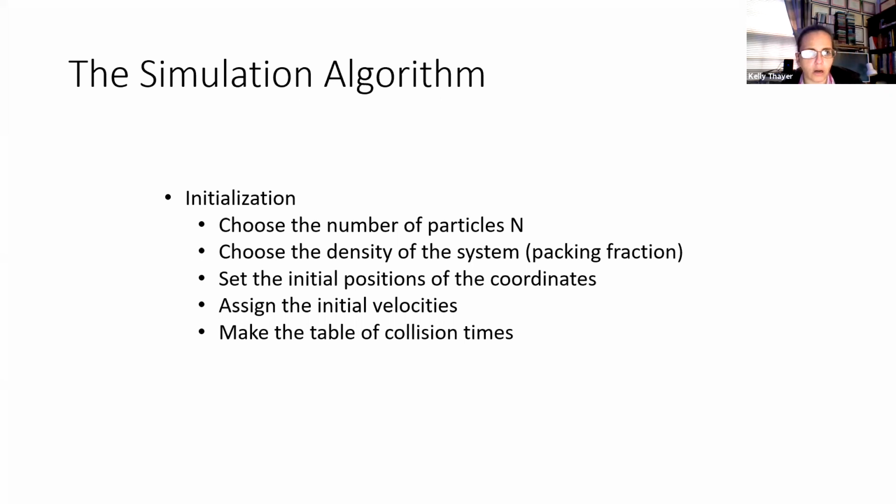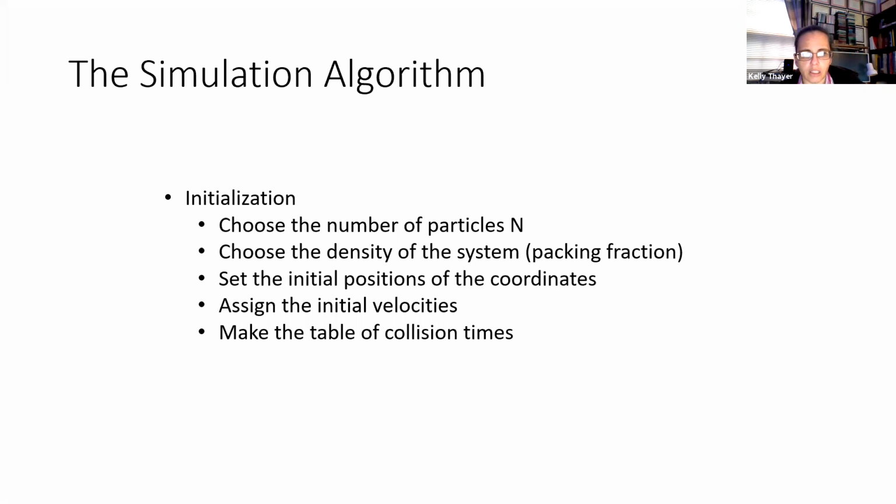So back to our algorithm here, we need to assign the initial velocities to replicate that distribution, either by assigning them off of a distribution to begin with, or doing something kind of silly, such as having all the particles move in one direction or another, and allowing the randomization to occur as a result of the collisions. So the best thing to do is to have the particles moving in more random ways to begin with, such as assigning them off of the distribution, which is what we do when we run molecular simulations.